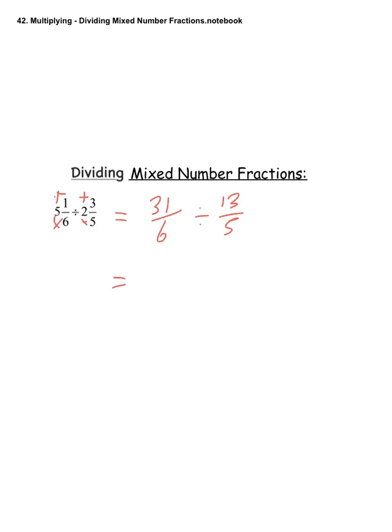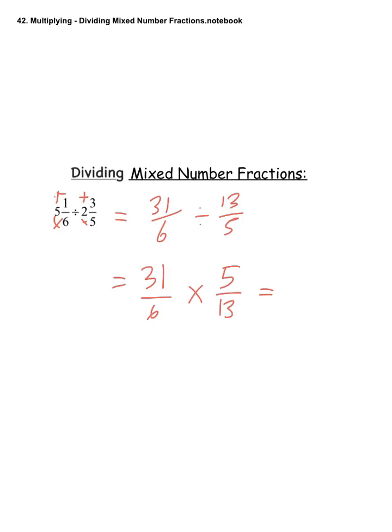Okay, the next step is what some people call keep, change, flip. You keep the first fraction the same, you change the division sign to a multiplication sign, and you flip the second fraction over, so the bottom becomes the top, and the top becomes the bottom. So 5 is now on the top, and 13 is now on the bottom of the fraction.